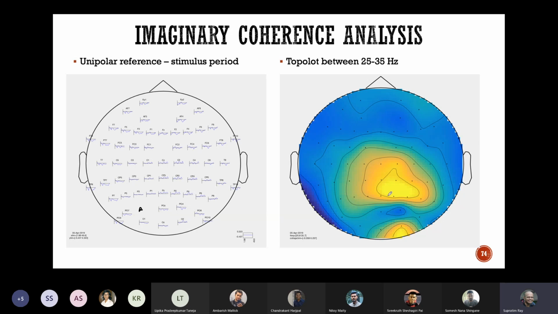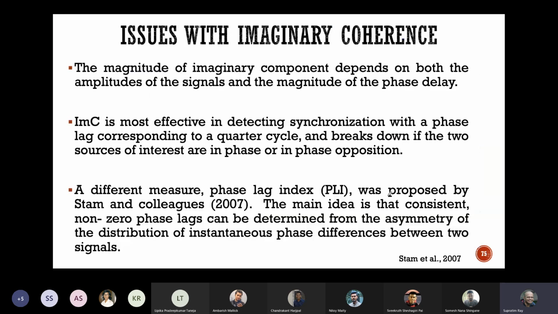Okay, so then I will march forward and tell you about the issues with imaginary coherence. One issue obviously is that the magnitude of this imaginary component not only depends on the amplitudes of the signals, but it also depends on the magnitude of the phase delay. So it's most effective when phase lag corresponds to 90 degrees, quarter of a cycle.